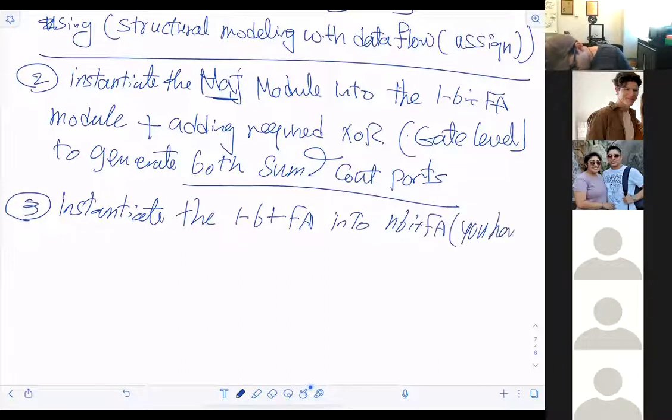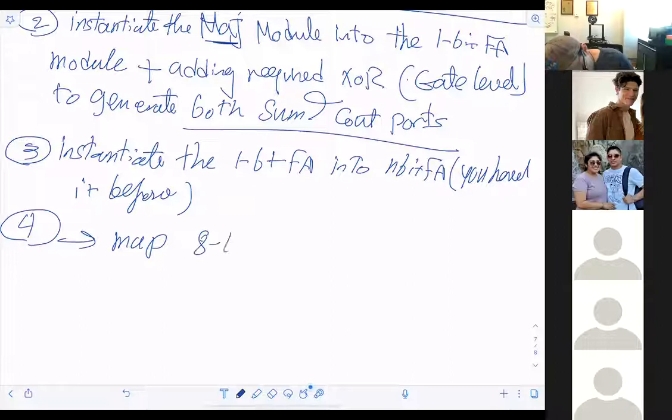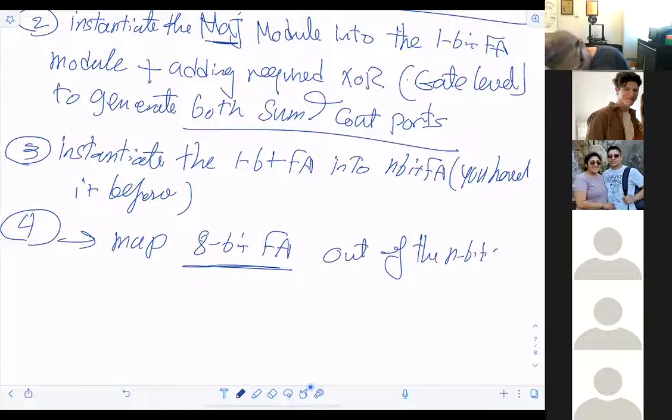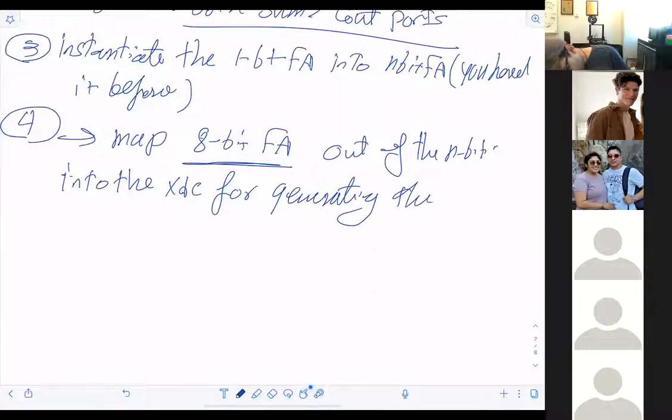You have it before, right? 4, map 8-bit full adder out of the n-bit into the XDC for generating the circuit.